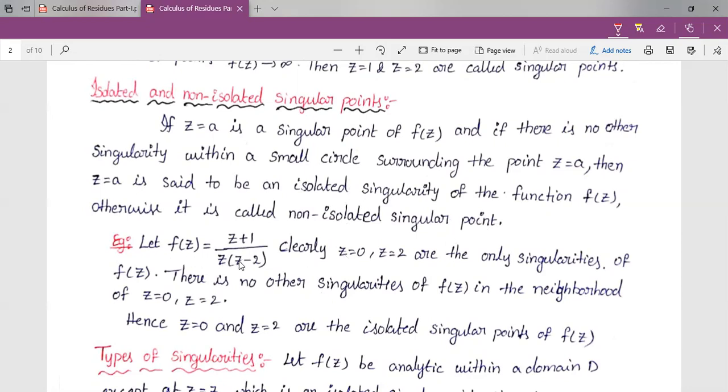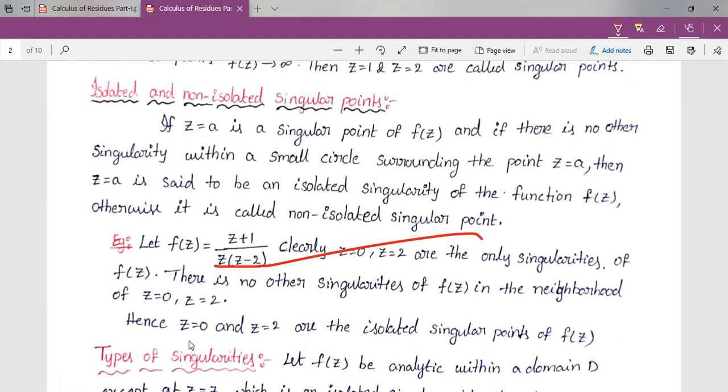For example, f of z equal to (z plus 1) by z into (z minus 2). Clearly, here z equal to 0 and z equal to 2 are the only singularities of the function f of z, and there are no other singularities of f of z in the neighborhood of z equal to 0 and z equal to 2.